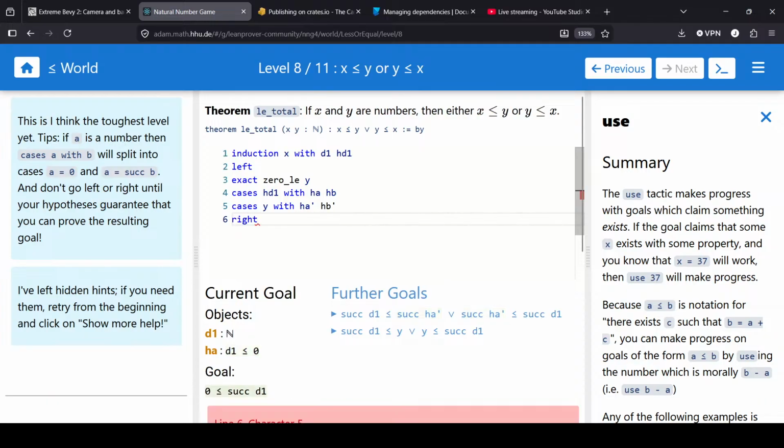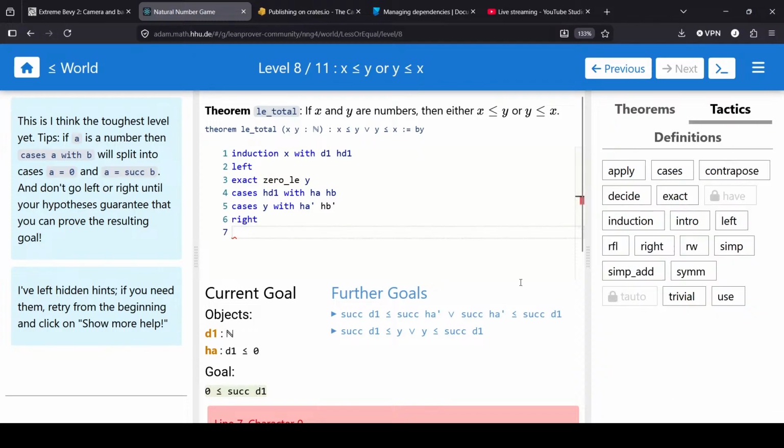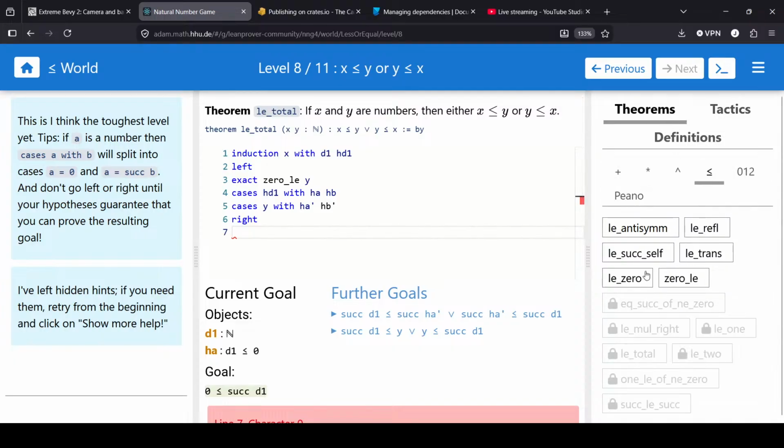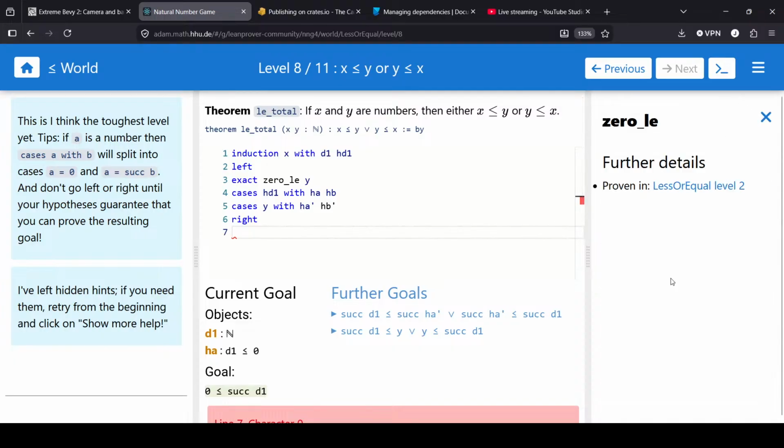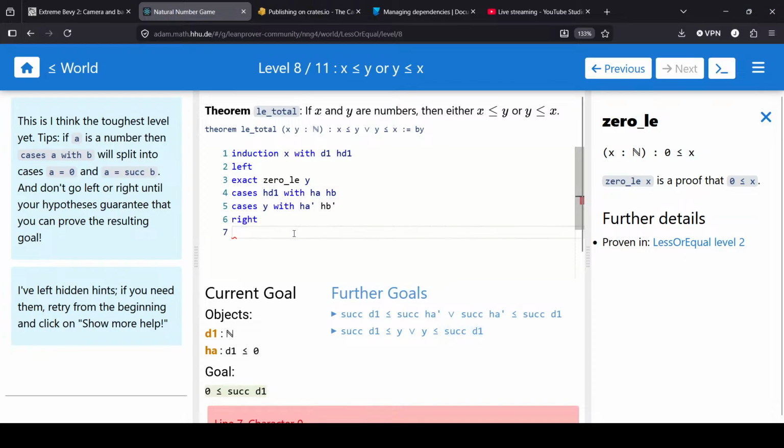If I do this, I can definitely use 0 less than or equals, right? But wait, no, we're proving... Oh, wait.